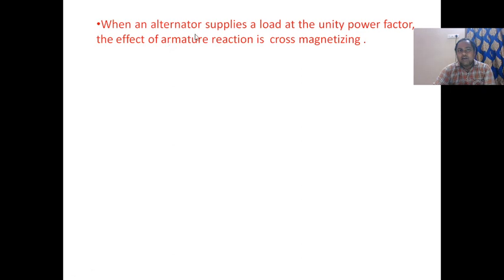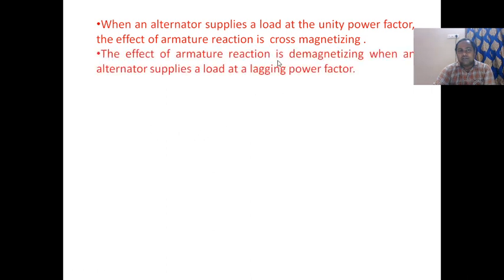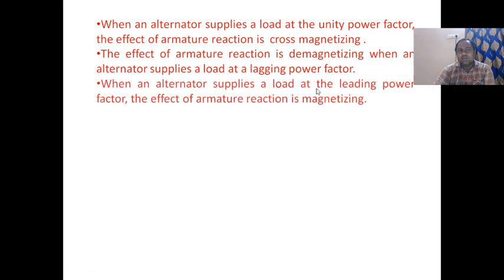When an alternator supplies a load at the unity power factor, the effect of armature reaction is cross-magnetizing. The effect of armature reaction is demagnetizing when an alternator supplies a load at lagging power factor. When an alternator supplies a load at the leading power factor, the effect of armature reaction is magnetizing.